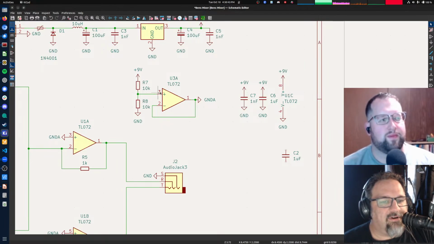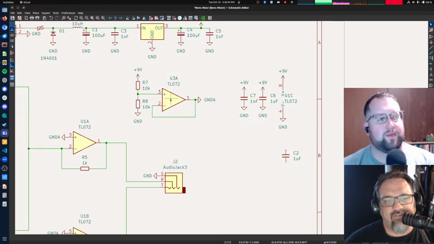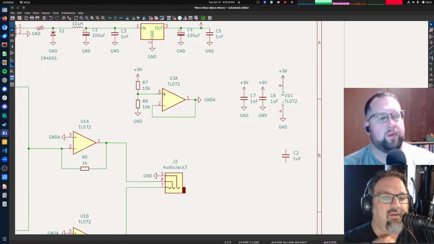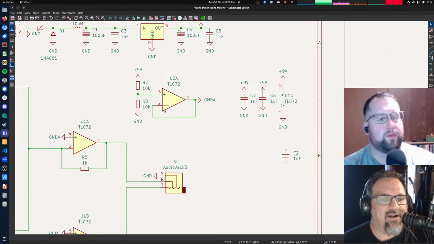A voltage follower is, remember how I said that the op amp will do whatever it needs to do to make sure that the inputs are the same. So if you put a voltage on the positive input, and let's say that you've just powered this thing on and it's got 4.5 volts coming in the positive input, but it hasn't done anything, so the output is 0 volts.